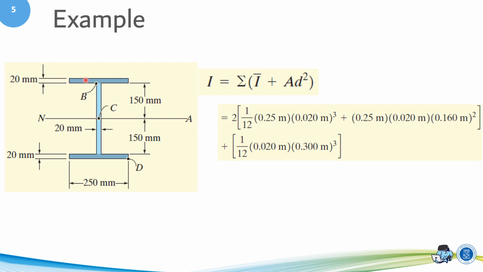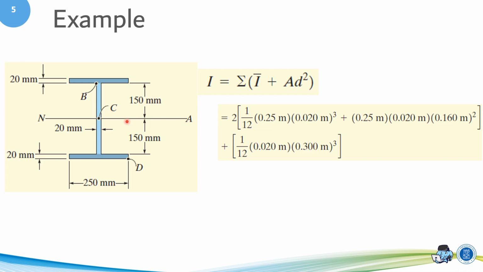Then we have to add the area of the web multiplied by the distance between the axis of the web and the axis of the whole shape.